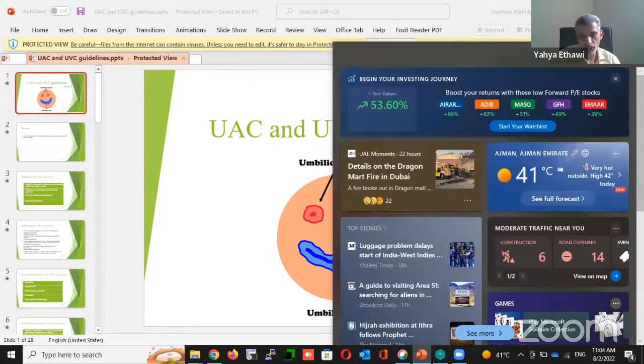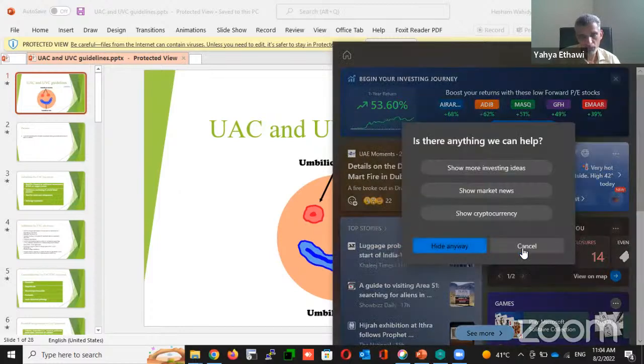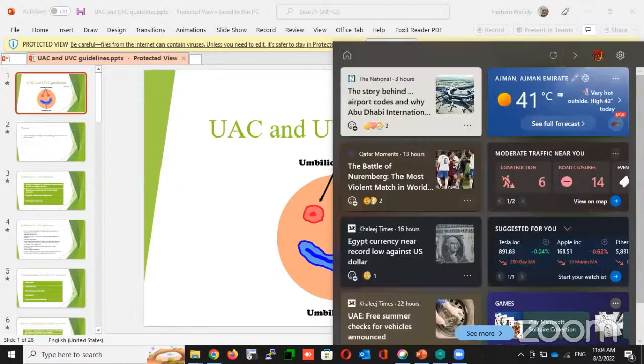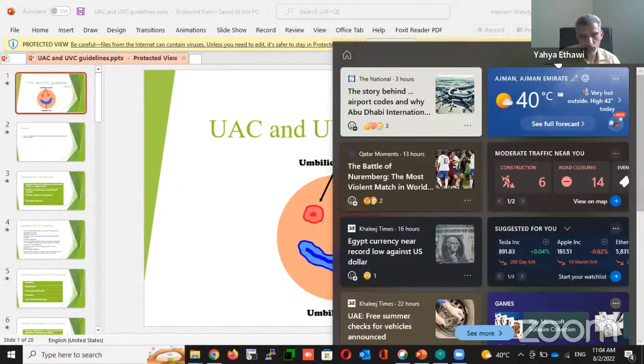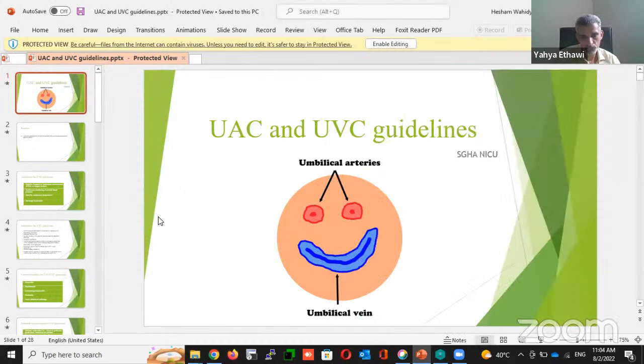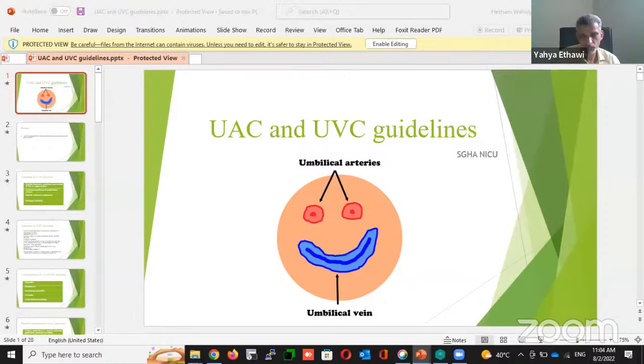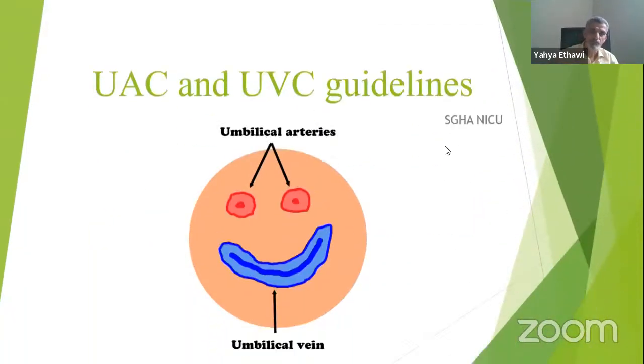Go back to the PowerPoint. Do you see the sound bar? There is a plus, there is minus. Beside the minus sign, there is another sign. Yes, this one. Press. Okay, go ahead.